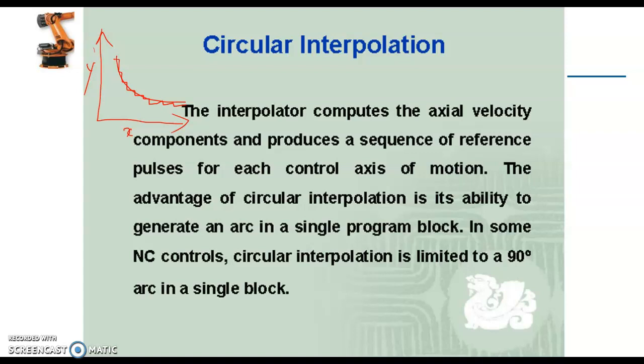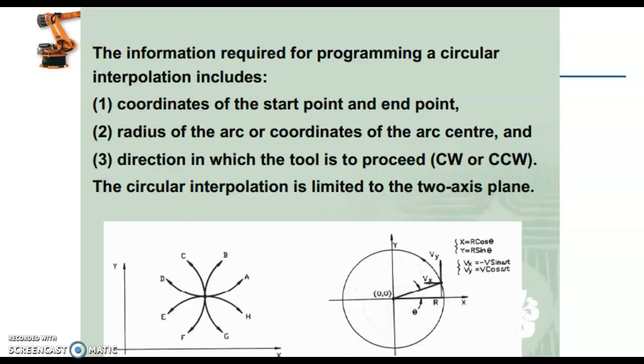So these points have to be interpolated, and also it has to determine what will be the velocity of the y-axis motor and what will be the velocity for the x-axis motor. So this process is known as circular interpolation. The information required for circular interpolation includes coordinates of start point and end point, radius of the arc or coordinates of the arc center, and the direction in which the tool is to proceed.